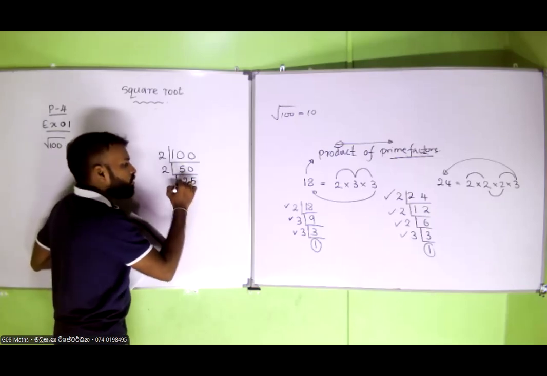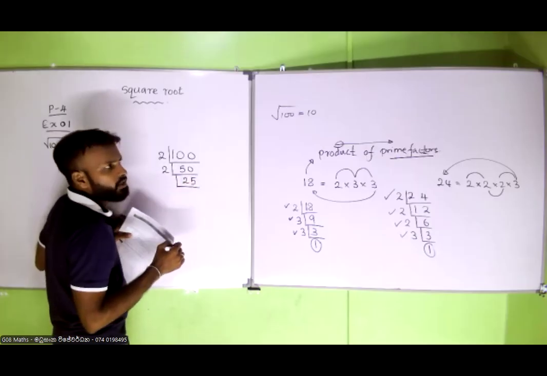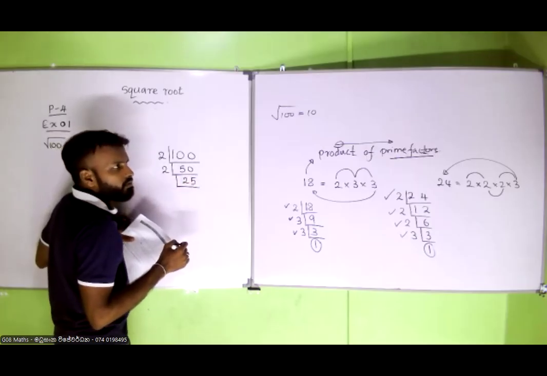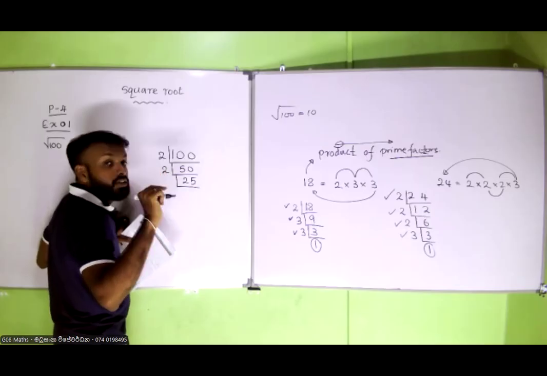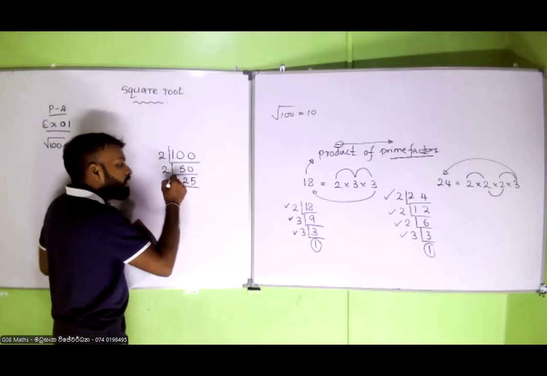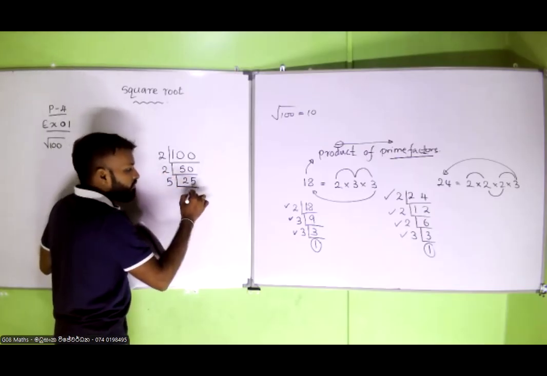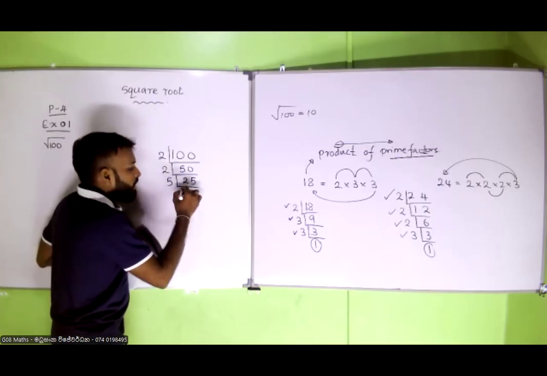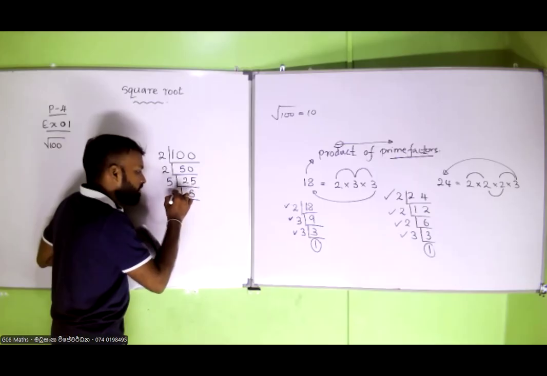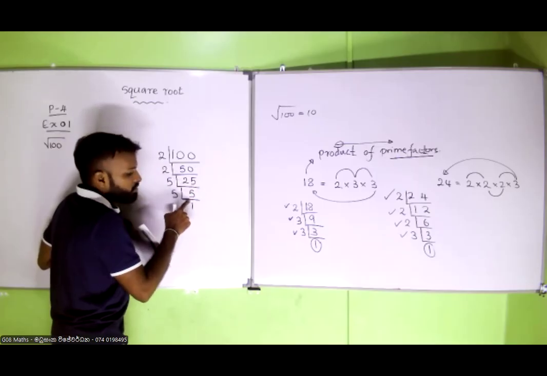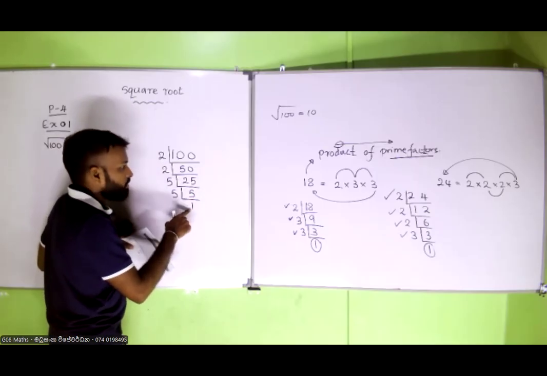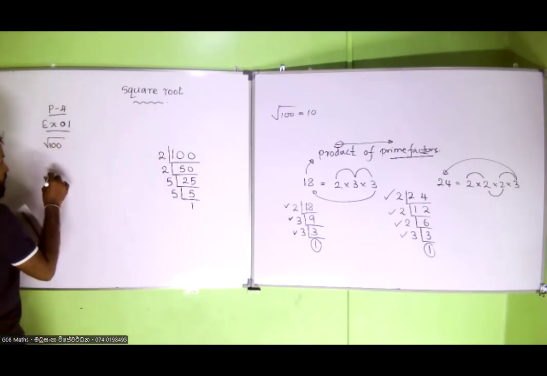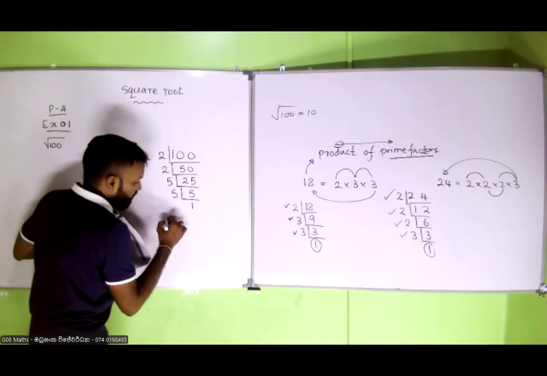No. By 3? No. 25 can be divided by 5, the next prime factor. 5 times 5. And we divide 5 by itself, 5 times 1. Now the quotient becomes 1.